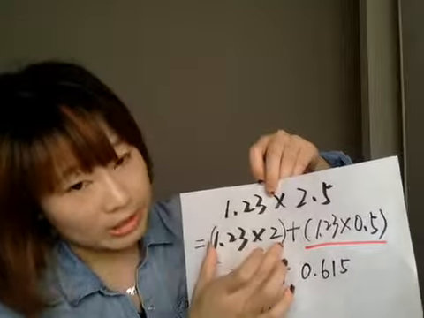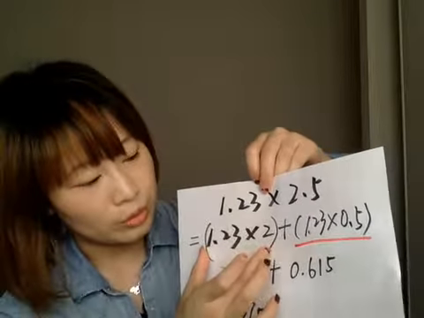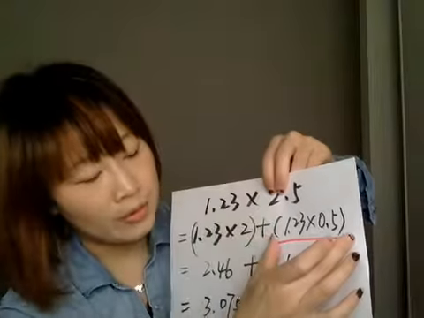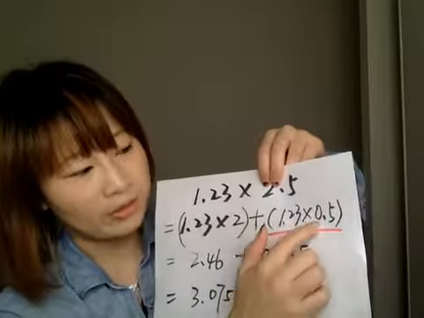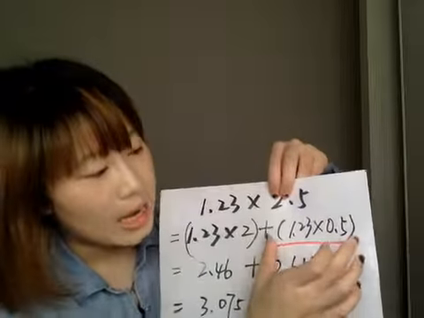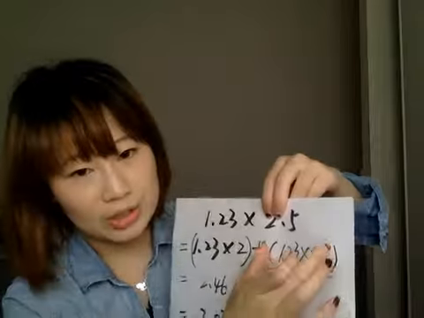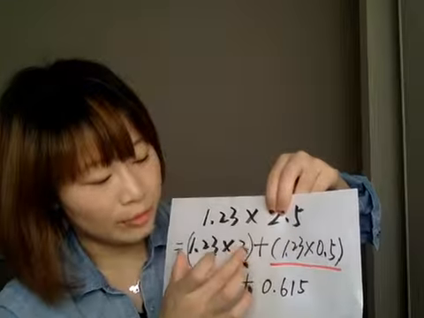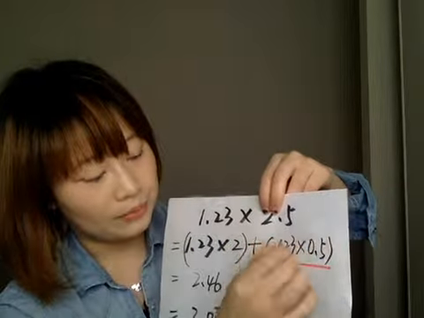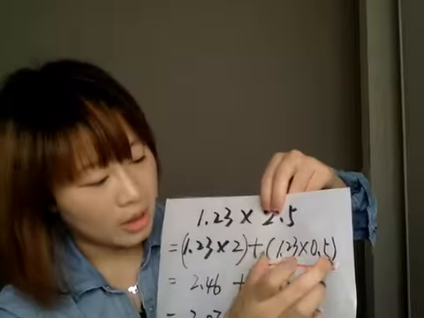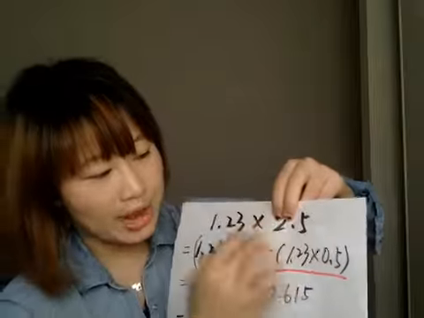The first part is 1.23 times 2, and 1.23 times 0.5 is the second part. We use two separate multiplication parts, and we add them together.